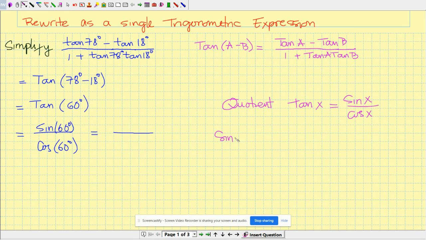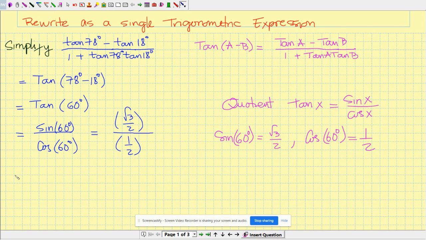From the unit circle, sine of 60 degrees will give us square root of 3 over 2, and cosine of 60 degrees is 1/2. So we are going to substitute right here. That will give us square root of 3 over 2 divided by 1/2.